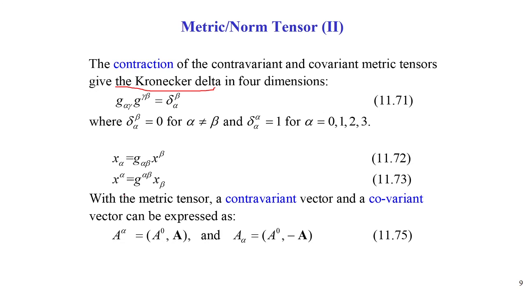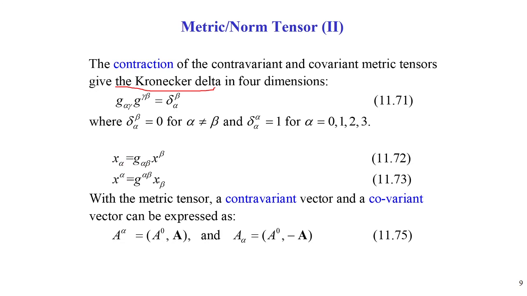Therefore, if we want to change from contravariant to covariant, just use the G metric tensor, sum over beta, and eventually you get a subscript.